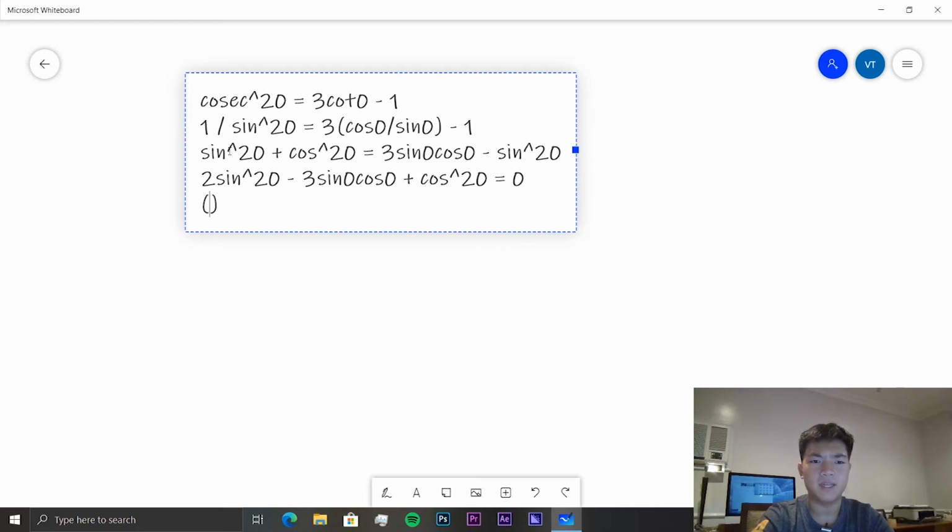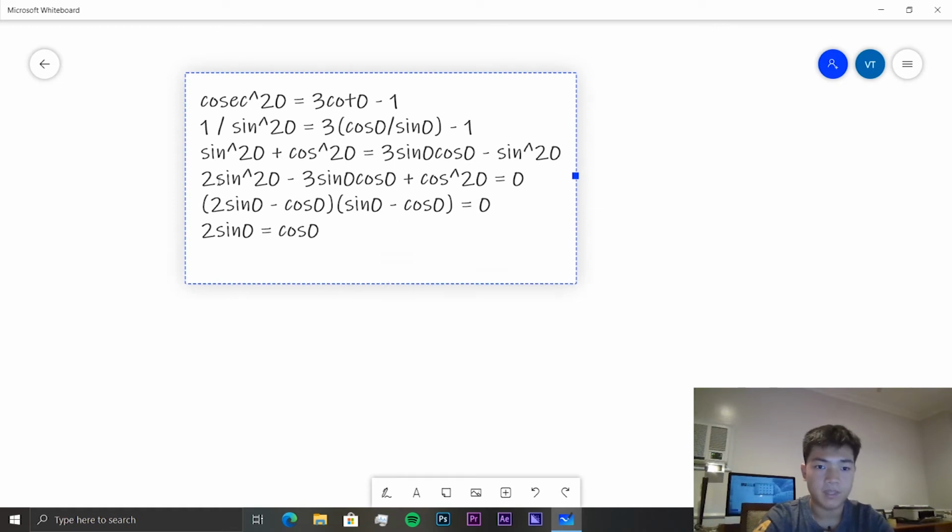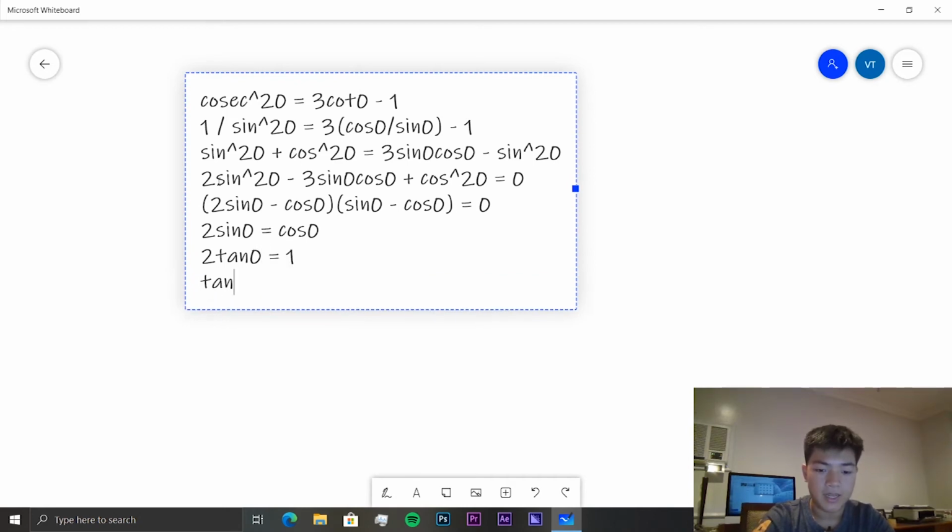This would be 2 sine theta minus cosine theta, times sine theta minus cosine theta, is equal to 0. Therefore 2 sine theta is equal to cosine theta, so 2 tan theta is equal to 1, so tan theta is equal to 1/2.